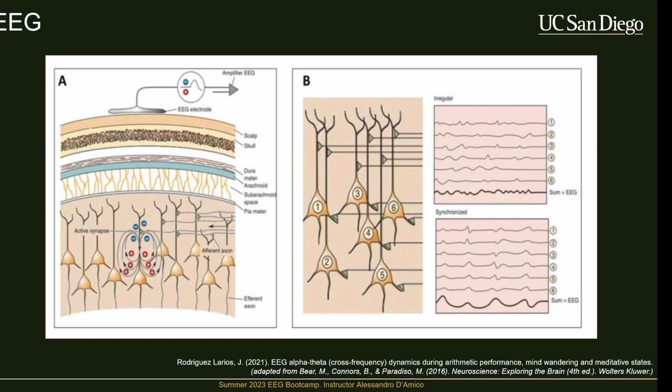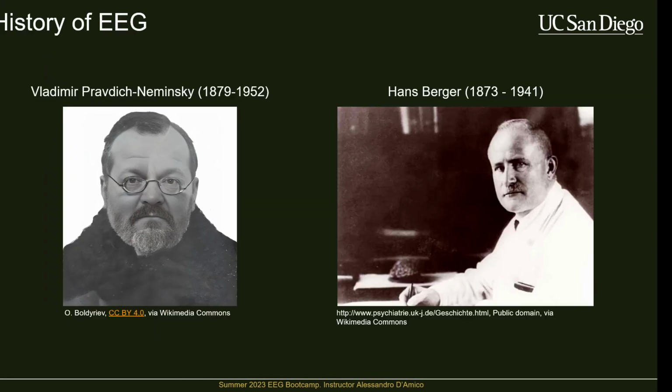So I know you guys are all wondering, where did EEG come from? It's a good question. Hans Berger always gets the credit for being the first person to do EEG research, but in fact, about a year before Hans Berger started doing his research, I think our boy Vladimir did the first EEG on animals. I think dogs were the very first subjects to be recorded.